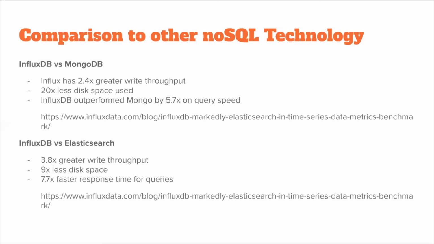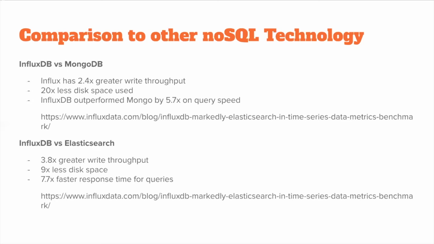So InfluxDB versus MongoDB has a 2.4 times greater write throughput. Influx uses 20 times less disk space than MongoDB on those same tests, and InfluxDB outperformed Mongo by 5.7 times on its query speed, which is very significant there.